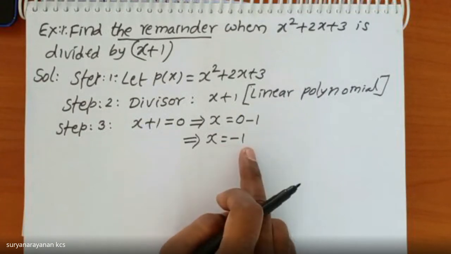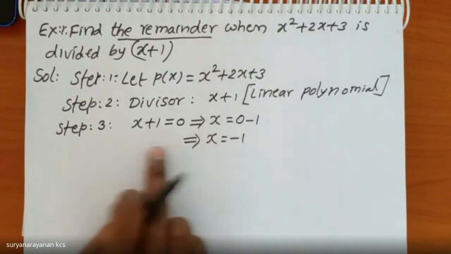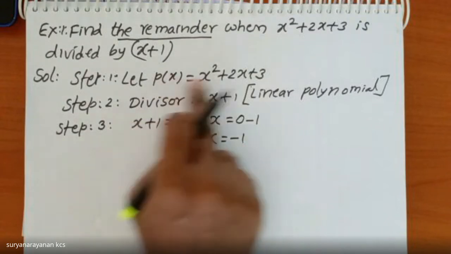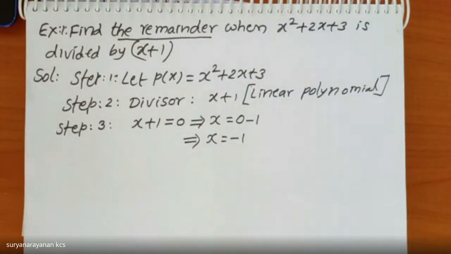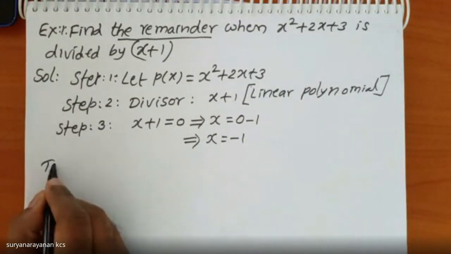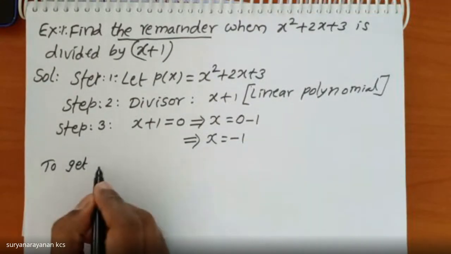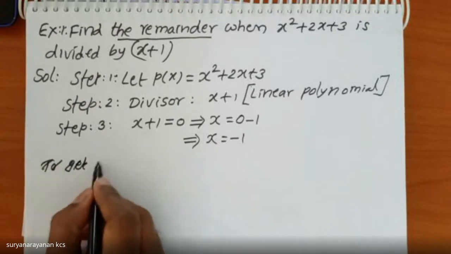After finding this value of X, substitute this value in the given polynomial to get the remainder. Step 4, what should we do?